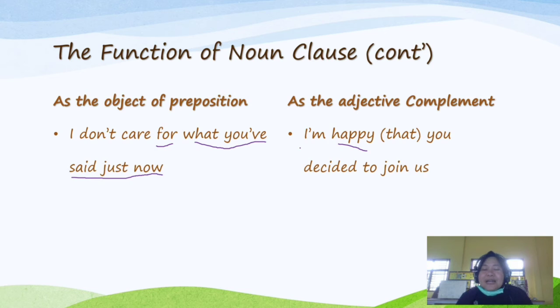I believe that you understand why I'm happy. But if I want to give more explanation or information about why I'm happy, I can use the noun clause: I'm happy that you decided to join us.